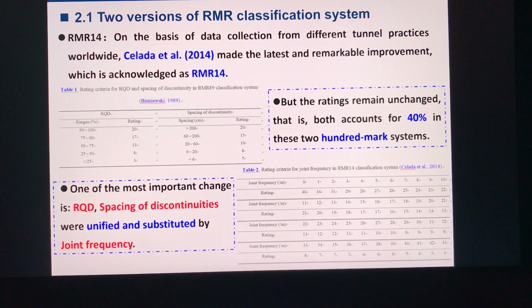One of the most important changes between these two variants of RMR is that the RQD and spacing of discontinuities were unified and substantiated by the joint frequency, but the rating remains unchanged. That is, both account for 40% in these 200 mark systems.